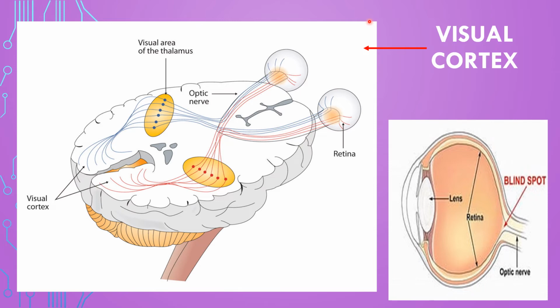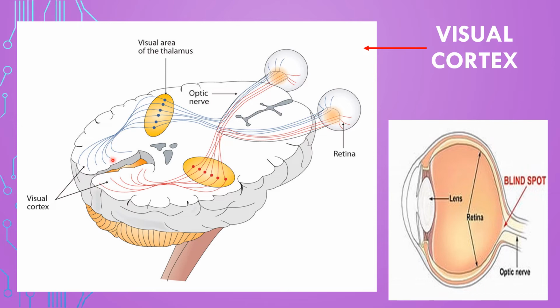The visual cortex is made up of specialized neurons that turn the sensations they receive from the optic nerve into meaningful images. We know that the sensations are converted into meaningful things and we perceive things.